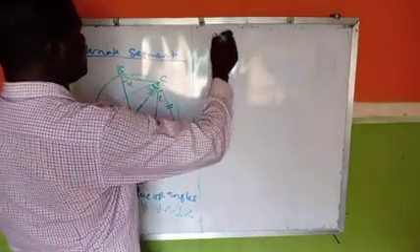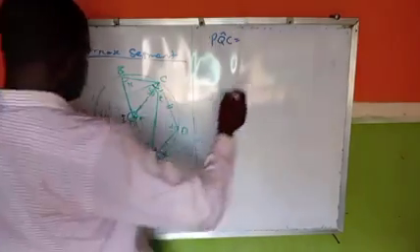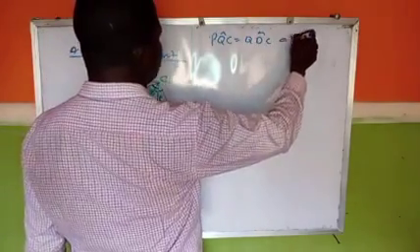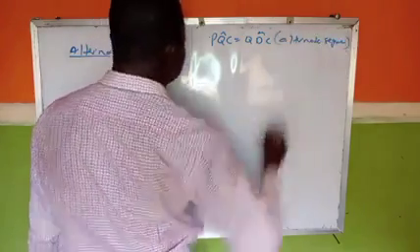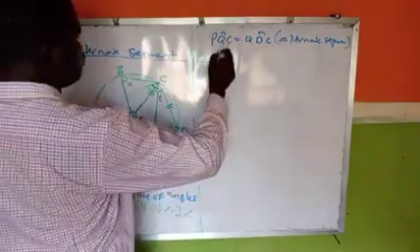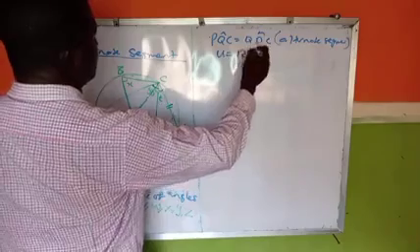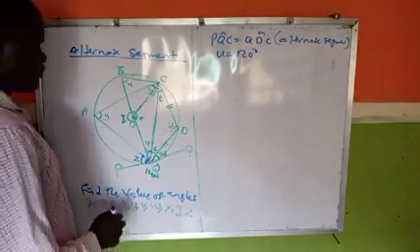Say angle PQC equals angle QDC. So you put it there as alternate segment theorem. Therefore, U, which is this, equals 120 degrees. So you are through with that, and you can move forward.